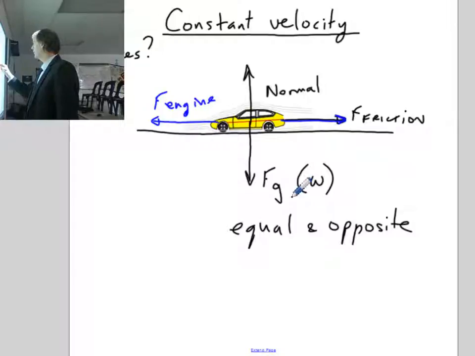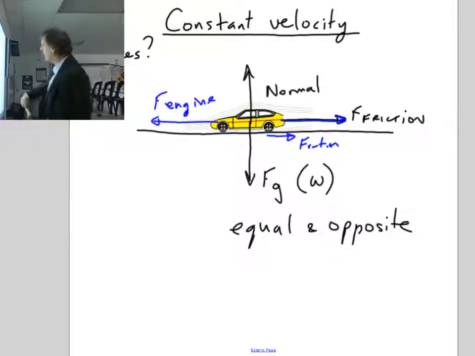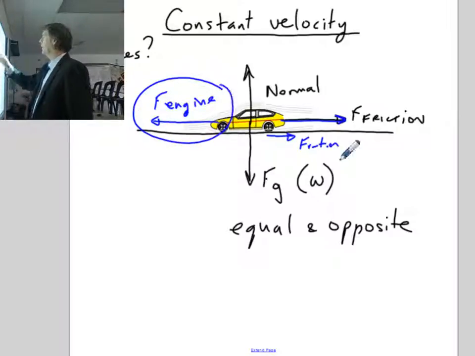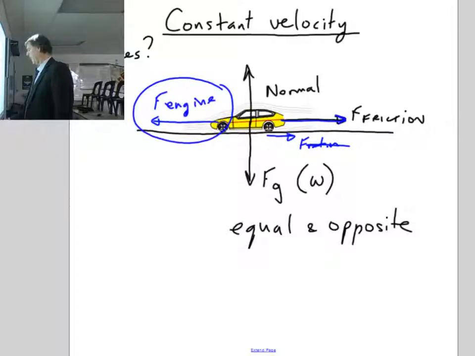That causes the wheels to push backwards against the road because of friction. The reaction to that friction force of the wheels pushing the road backwards is that the road pushes the car forwards, and this is the one we're labelling as F engine. But really it's a reaction to the road being pushed backwards by the wheels pushing back against it. So just bear that in mind.